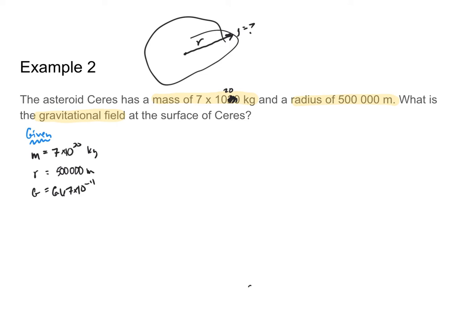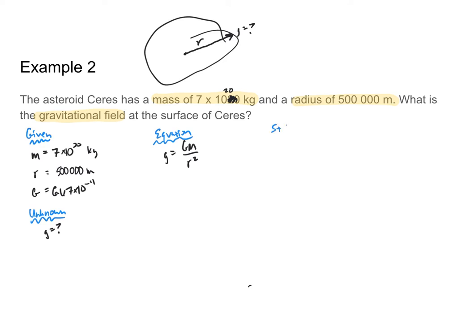Continuing forward, our unknown is little g for Ceres, so our gravitational field at the surface of Ceres. And I know that that is given by the equation g equals GM over r squared, which means I'm ready to sub and solve.